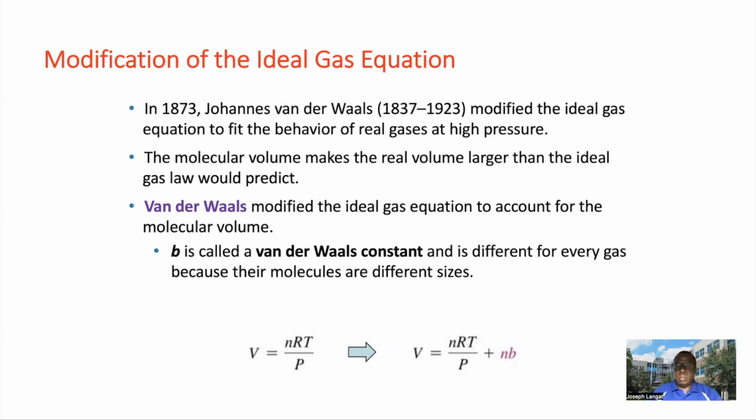A modification of the ideal gas equation. I've illustrated from that diagram that real gases do not behave as ideal gases at low temperature and high pressure. There is some deviation. And how do we account for the actual pressure?